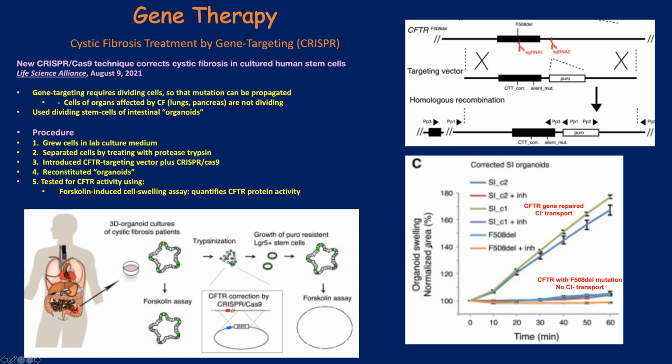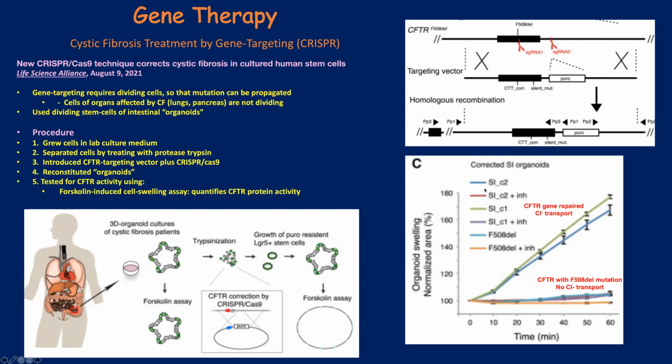Now this is an assay for chloride transport. It's called organoid swelling, but what it reflects is the transport of chloride ions. And what you see is that the controls here at the bottom, with a CFTR mutation, did not transport chloride.